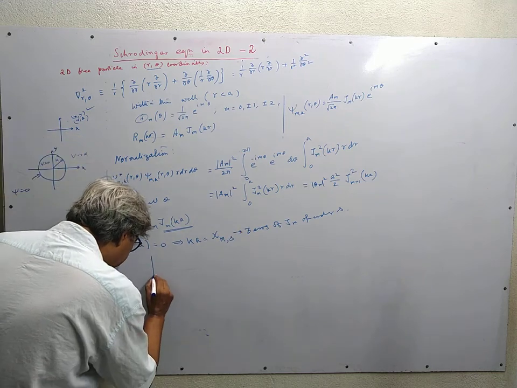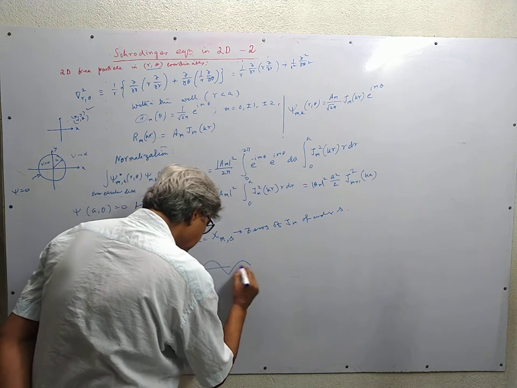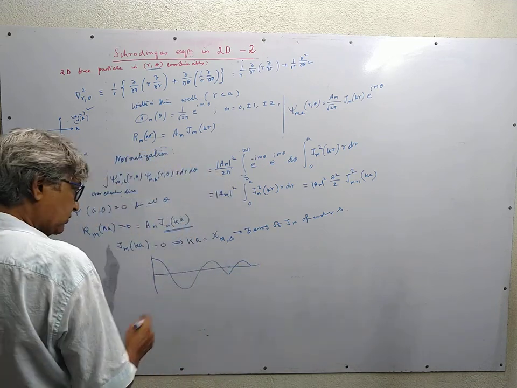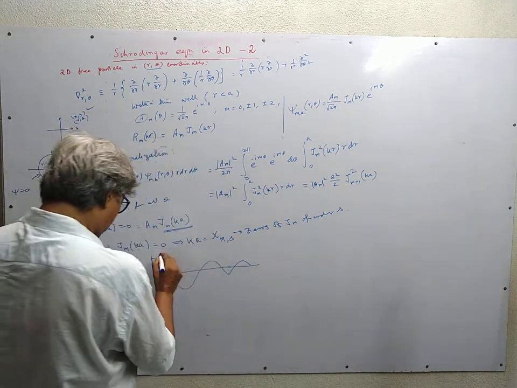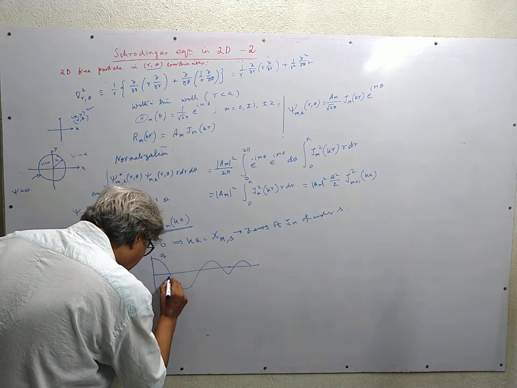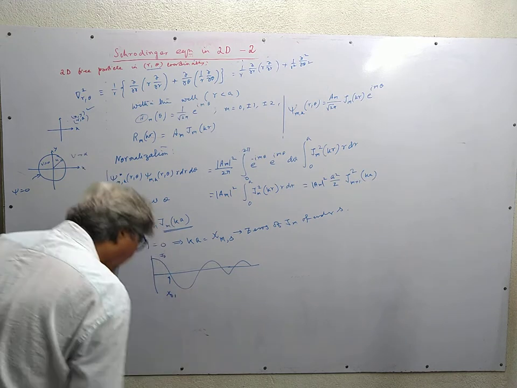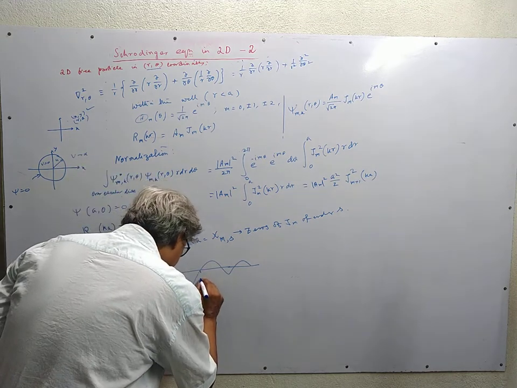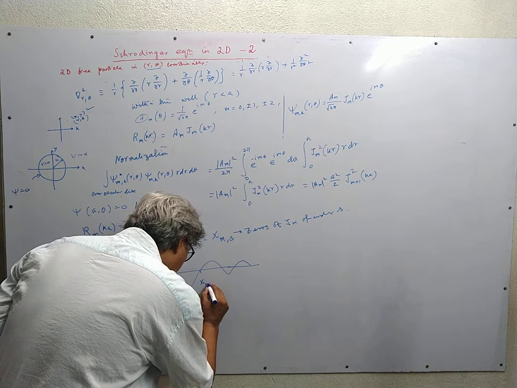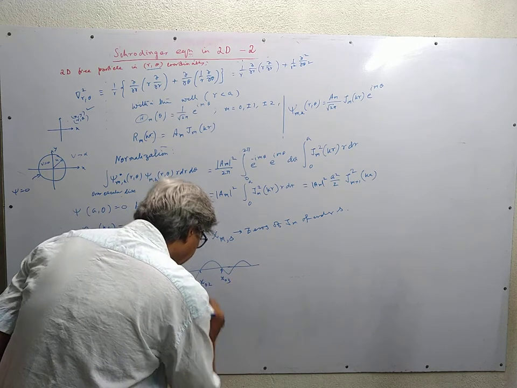Let us consider J0 and explain what this is. The graph of J0 is like this. So this is the first zero of the Bessel function, x01. This is x02, x03.